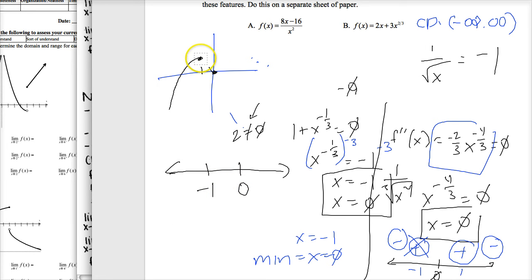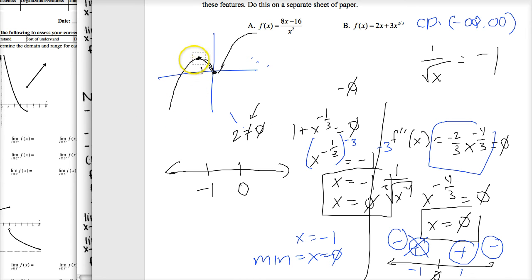So concave down and decreasing, I'd make a line like so. Okay. And then, remember from 0 on, it's increasing and concave down. So increasing and concave down looks like this. So now I've satisfied everything that the graph asked me for.